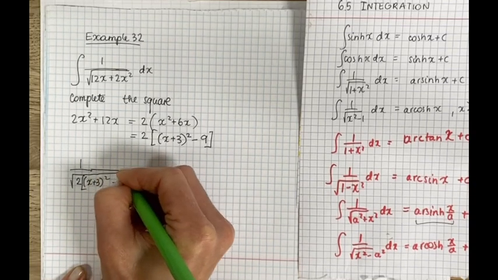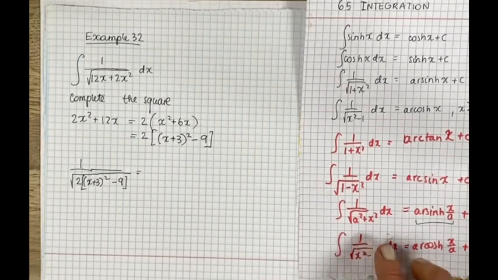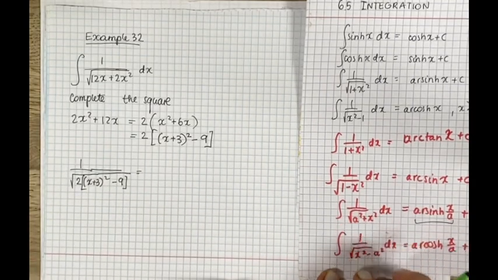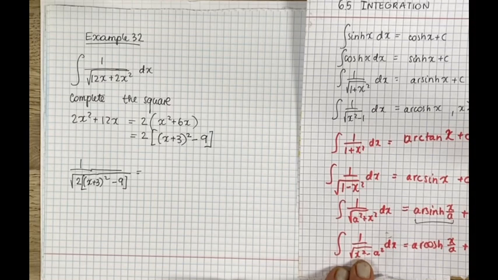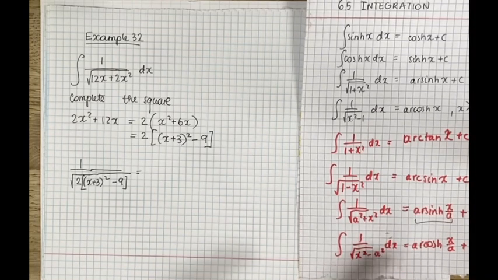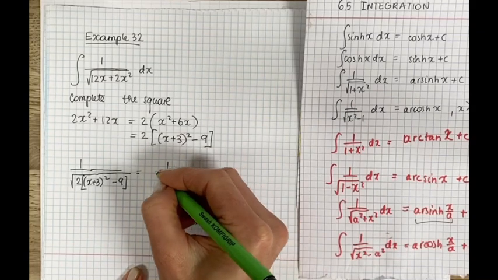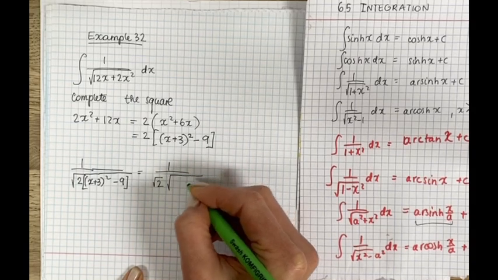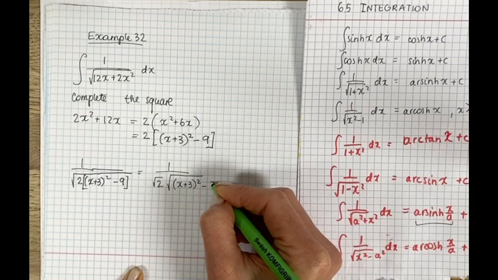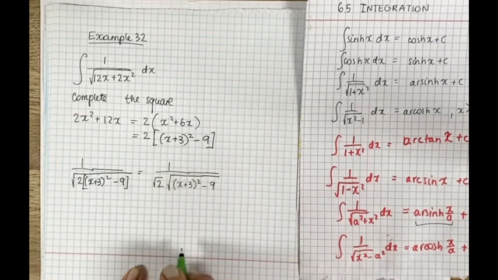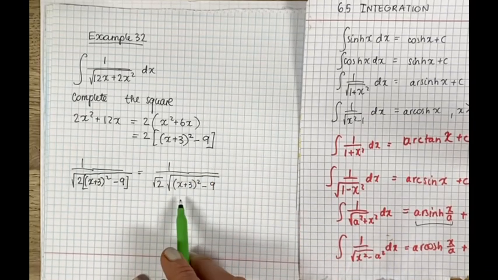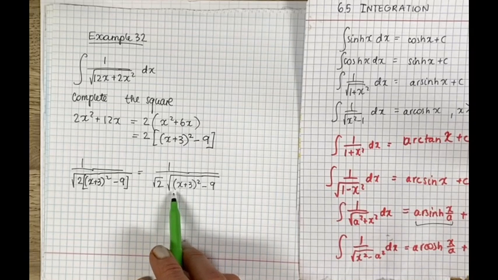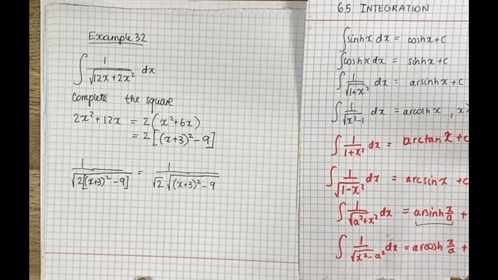What I want to do is be able to use clearly going to be this one, x squared minus a squared, in a clever way. So first of all, let's get rid of that root 2, and then you've got square root of x plus 3 squared minus 9. There you go. Okay, so what have we got here? We've got to find out what is the value of a.